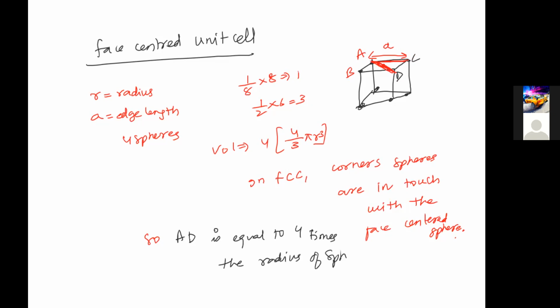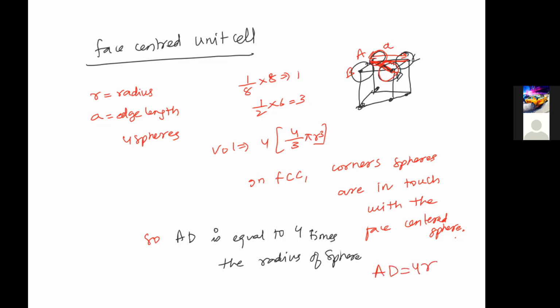Why? You have a sphere here. So it's actually equal to 4R, which is 2 full spheres. There'll be 2 full spheres involved. So you can take AD equals 4R.